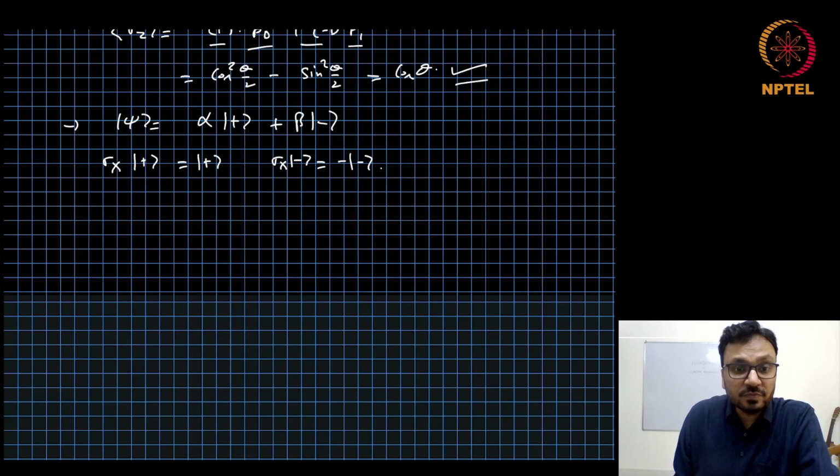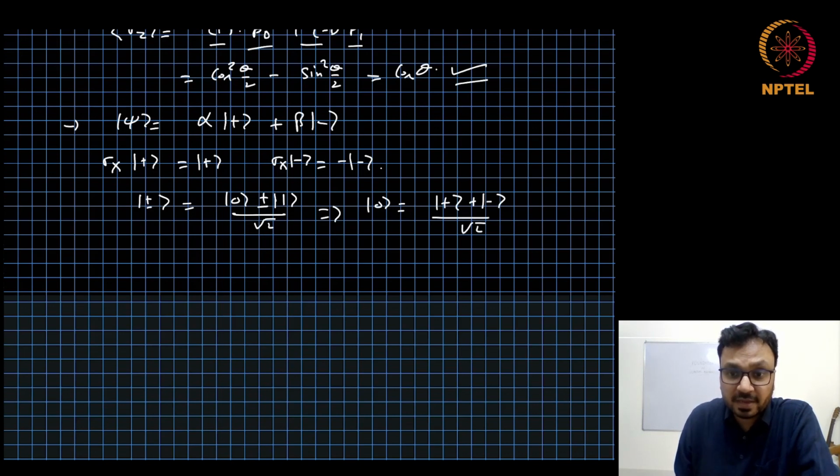So we can see that plus and minus can be represented in the 0 and 1 form. So plus minus is actually (0 plus minus 1) over root 2. We can also write 0 as (plus plus minus) over root 2, and 1 as (plus minus minus) over root 2.